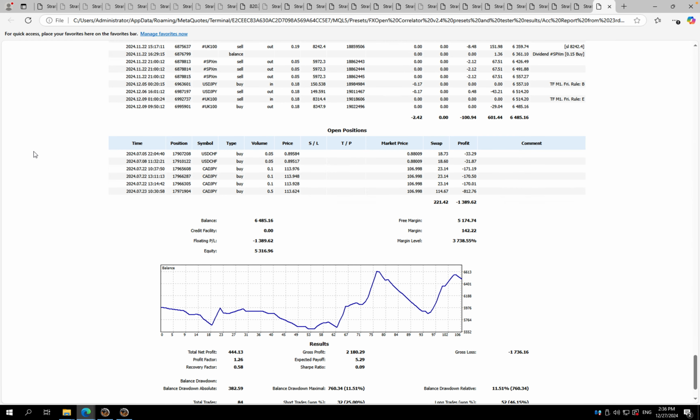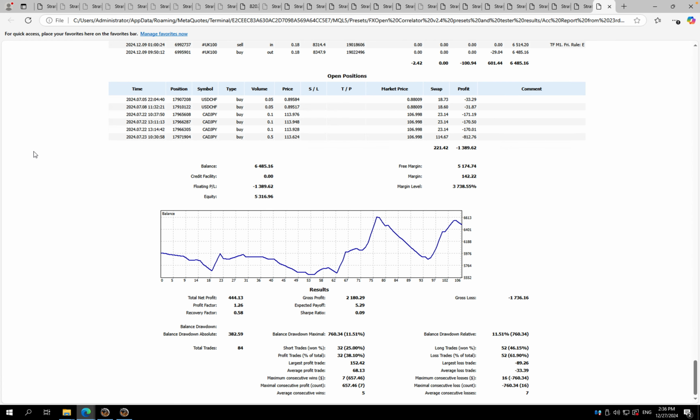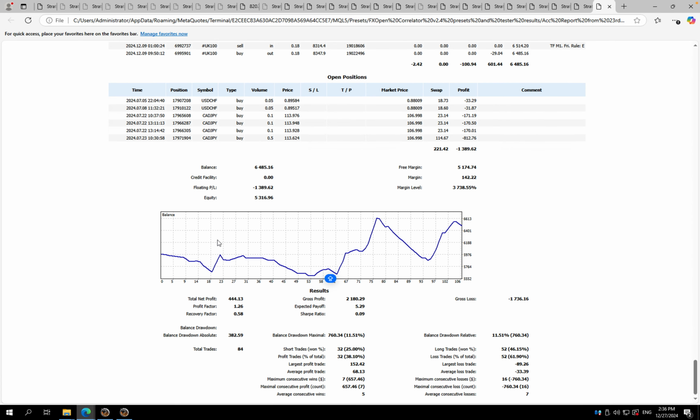Here we go. So on a balance of what was 6,000, the net profit is 444. So that equates to about an 8% return on investment for 1 month.